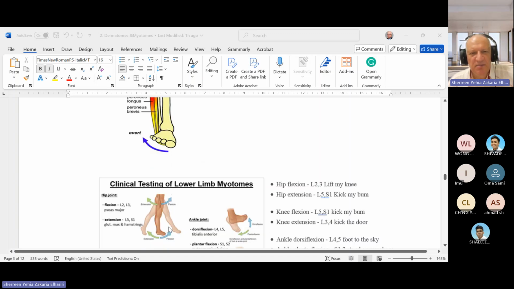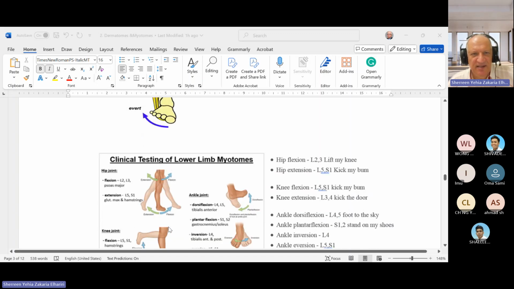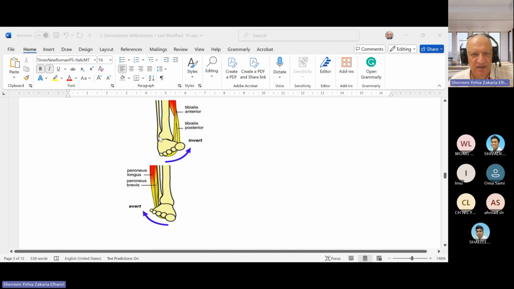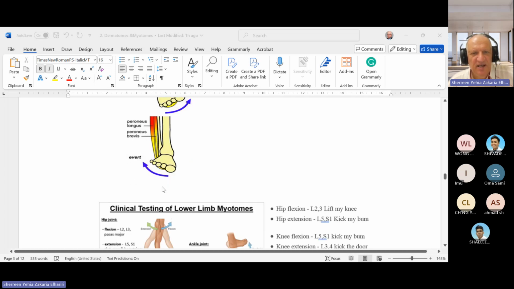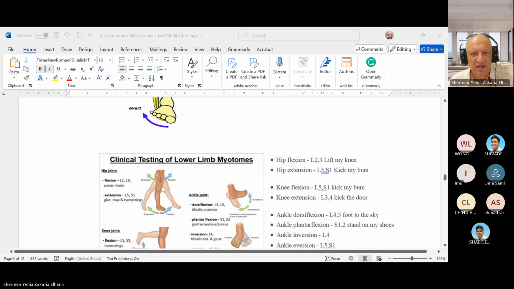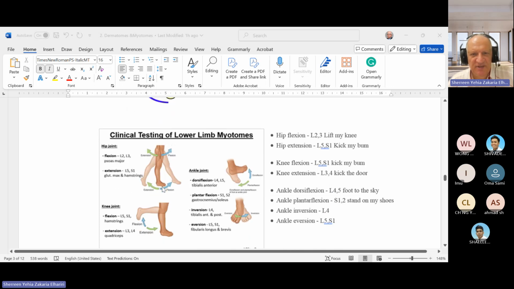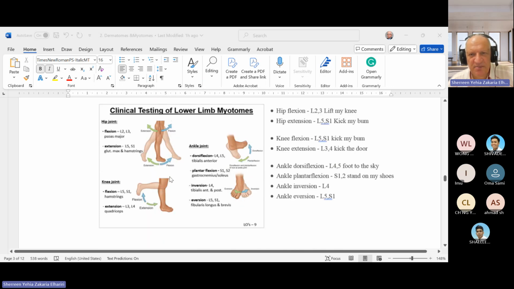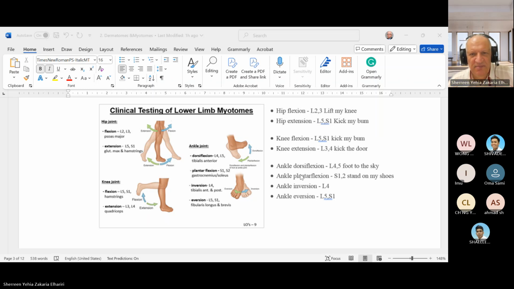Okay, it is important to know that in the ankle or the foot we have two movements. We have ankle movement, which is flexion and extension, and we have inversion and eversion. So, for example, ankle dorsiflexion L4, 5, plantar flexion S1, 2, ankle inversion L4, ankle eversion L5, S1.